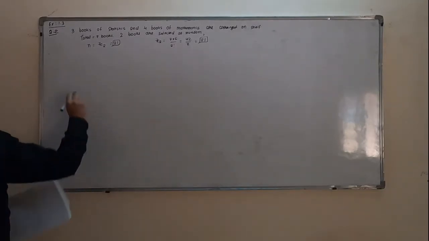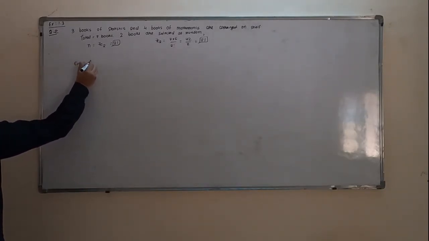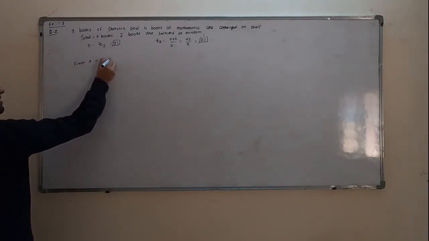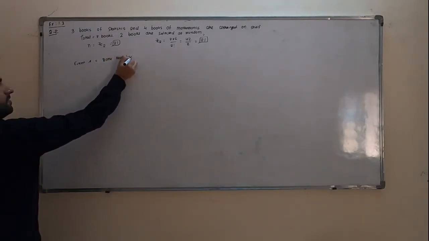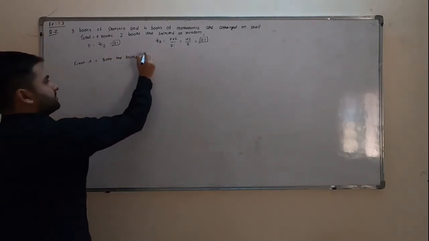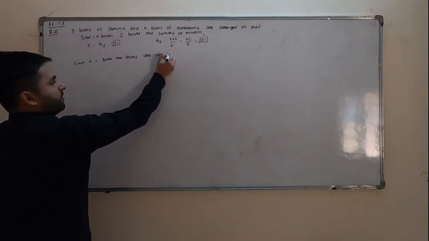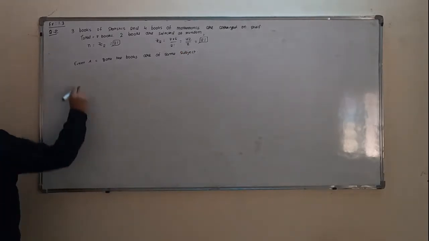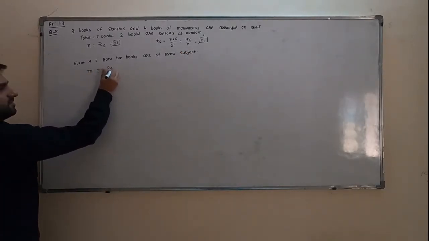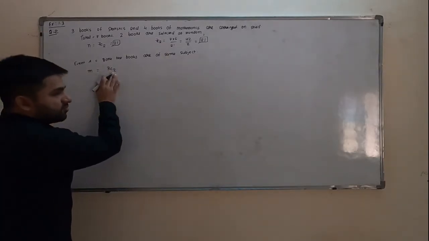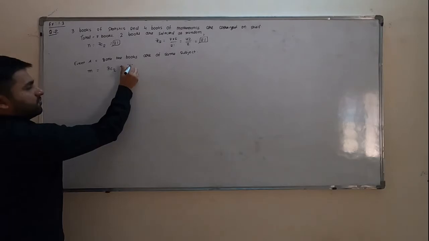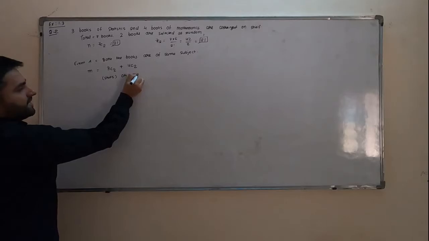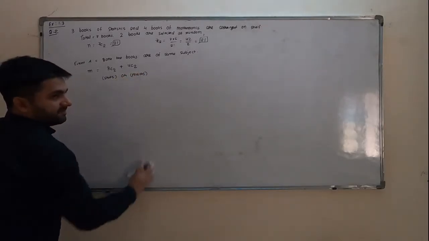Okay, now event A: both the books are of same subject. But they are not mentioning the subject, so 3C2 means 2 books of statistics, or 4C2 means 2 books of mathematics. Statistics or maths, both the possibilities, write with the pencil.